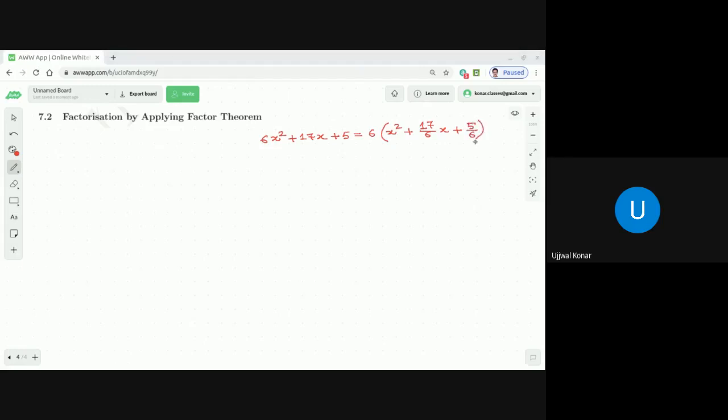Correct, dear students? So what we can write is 6 into f(x), where f(x) is x squared plus 17 by 6 into x plus 5 by 6.